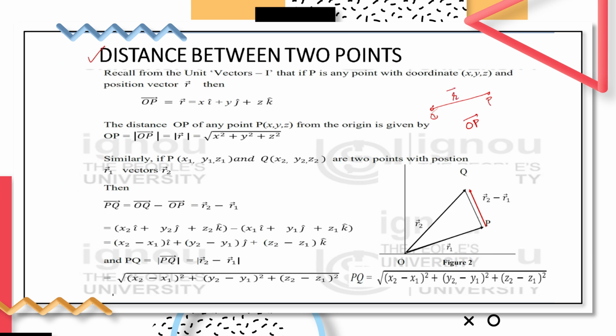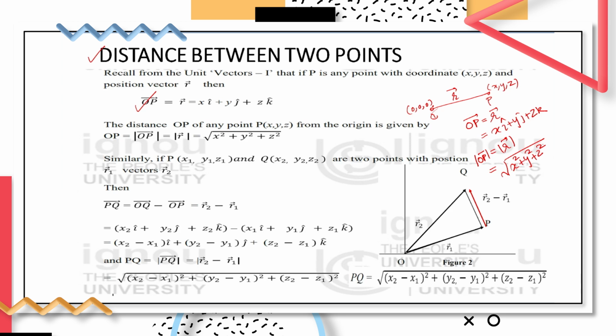Say it is vector R. If O is the origin 0, 0, 0 and P is the point x, y, z, then vector OP is given by R vector, which is nothing but xi plus yj plus zk, as given over here. We also learned that the magnitude of vector OP will be given by the magnitude of this vector, and you can determine the magnitude by applying this formula. We already learned this formula in our earlier sessions when vectors were covered.